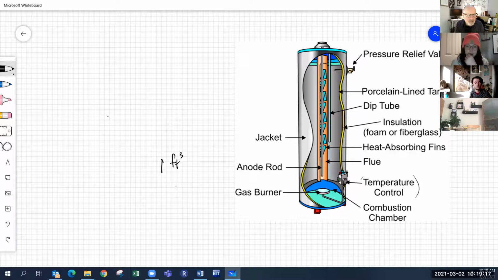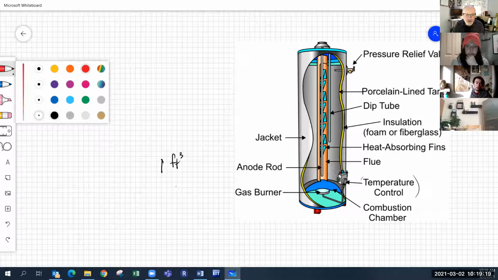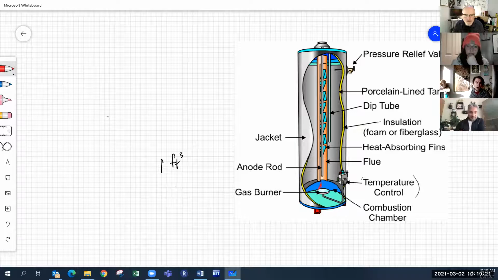Underneath that hot water tank is the burner, and there's the flames that would be on the burner right here.